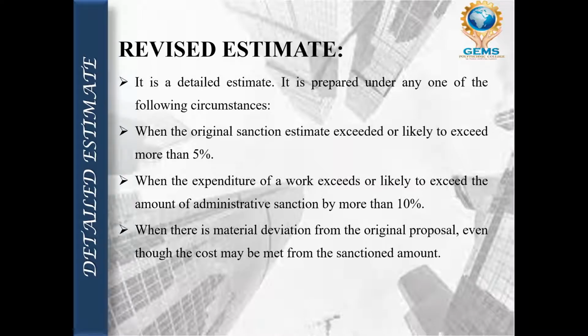So there are three reasons for a revised estimate. First, when the original sanctioned estimate is exceeded by more than 5%. Second, when the expenditure of work is more than 10%. And third, because of material deviation. For these three reasons we have to do a revised estimate again.